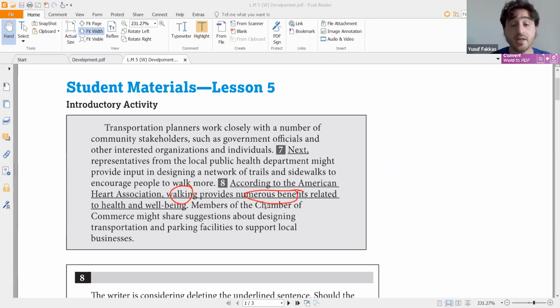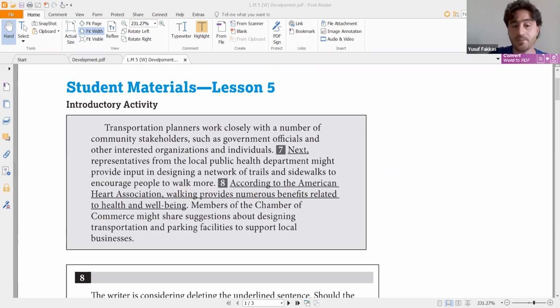No, it's not. We have to be careful. It can be tricky because they are saying, you know, according to the American Heart Association. Okay, here they are just mentioning the source of this info. Who's saying that? It's the American Heart Association. Okay, what are they saying? They are saying that walking is beneficial to our health and well-being. Okay, good, thank you. But how does that support my main idea? It doesn't. It's not relevant to the main idea.